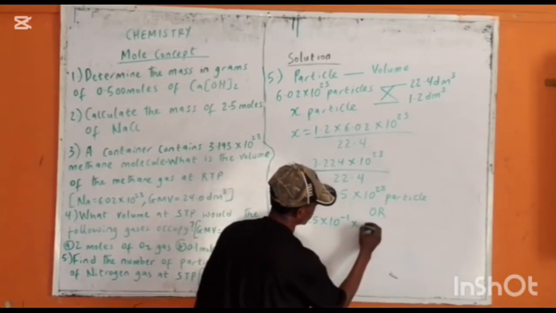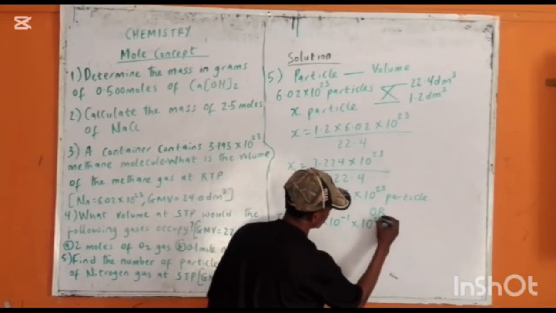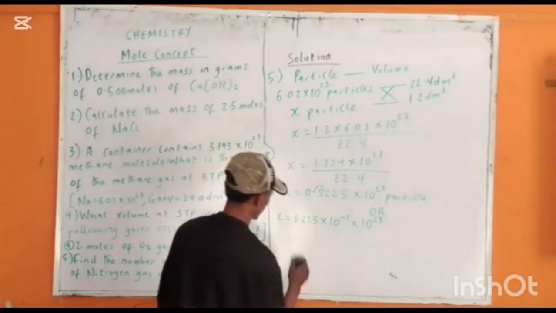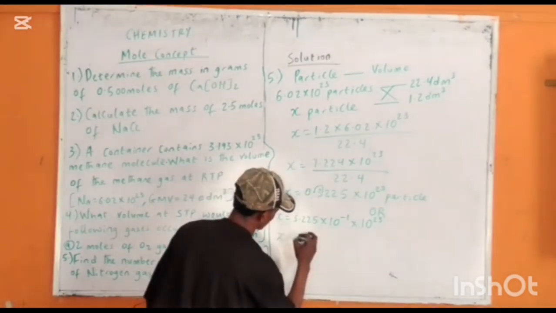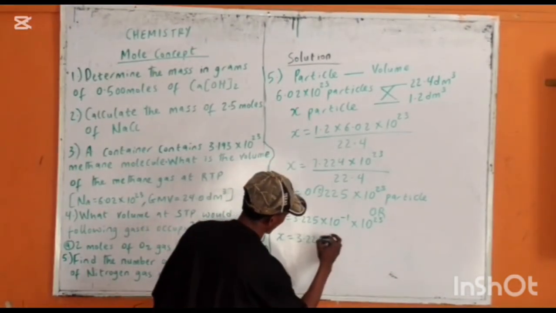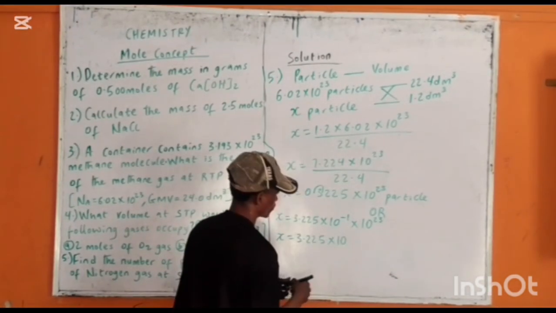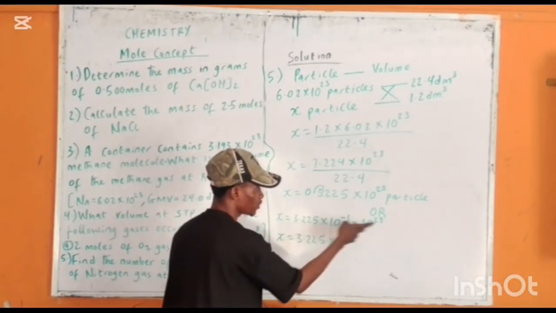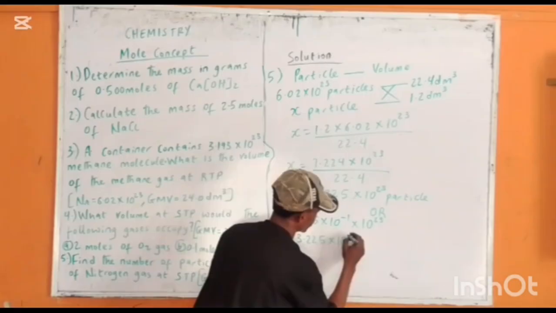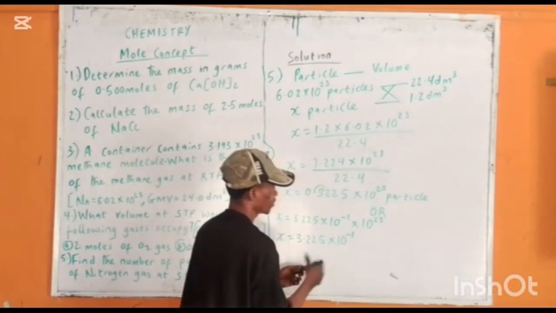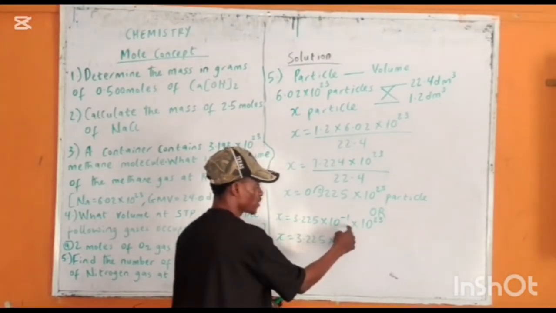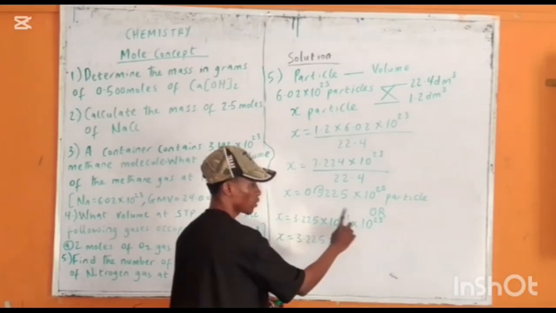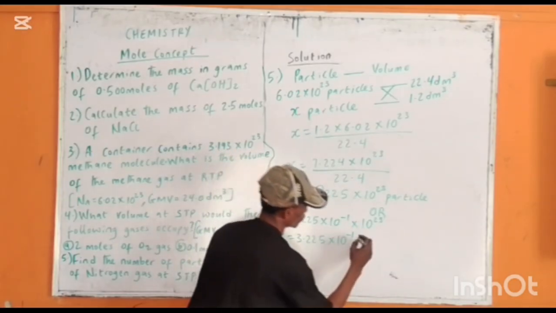So times 10 raised to the power 23. So my x equals to 3.225 multiplied by 10. The same base, indices. We're having the same base. So that will be minus 1. This multiplication sign changes to plus addition.